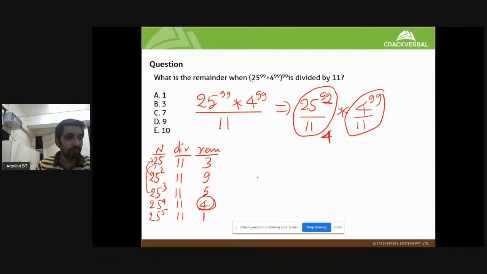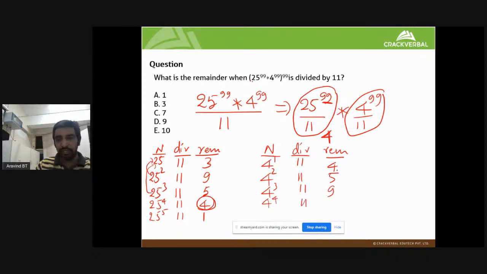Let's take the other part. 4 power 1 divided by 11, remainder of 4. 4 square by 11, 4 fours are 16, 16 by 11 is 5. 4 cube by 11, 5 fours are 20, 9. 4 power 4 by 11, 9 fours are 36, 36 by 11, remainder 3. 4 power 5 by 11, 3 fours are 12, 12 by 11, remainder 1. Great. So 4, 5, 9, 3, 1.